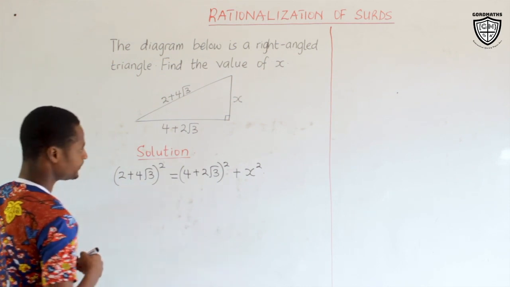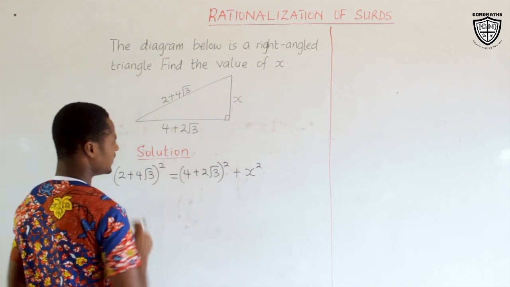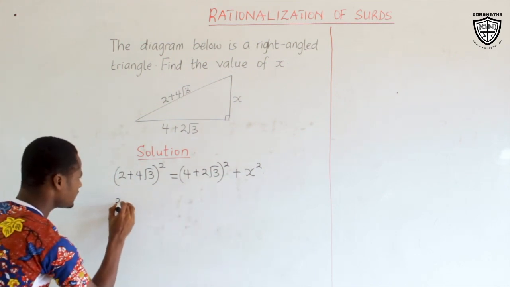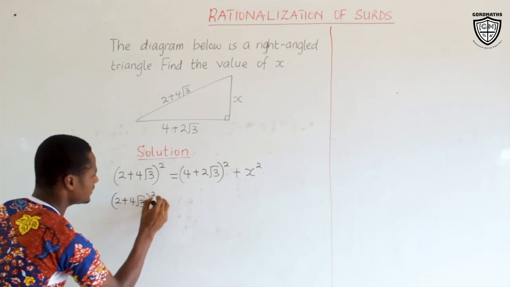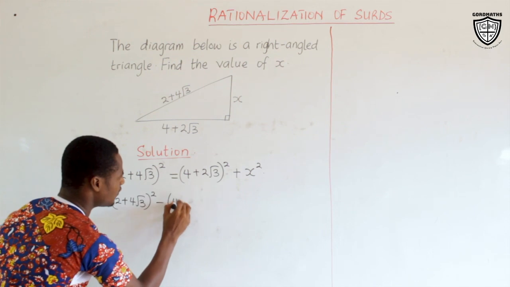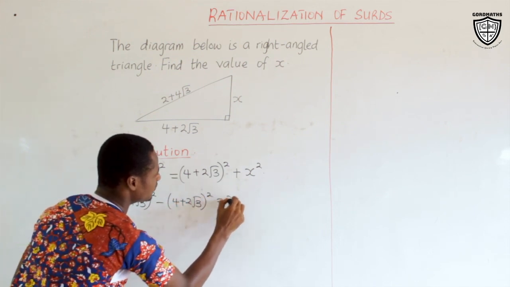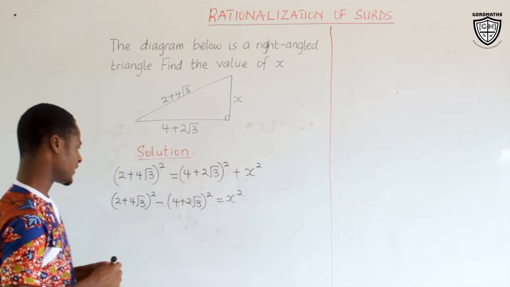So, since we want to find the value of x, let's move the other term to the left hand side, so that we will have 2 plus 4 root 3 all squared minus 4 plus 2 root 3 squared is equal to x squared. We want to find the value of x.